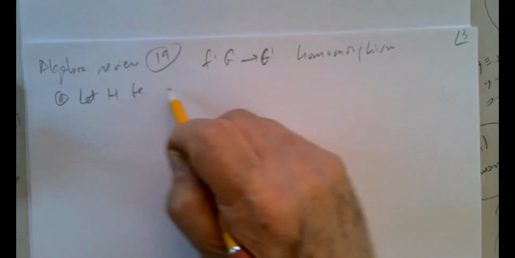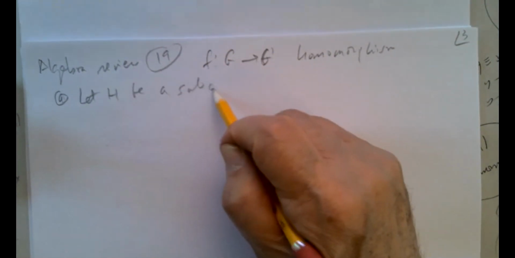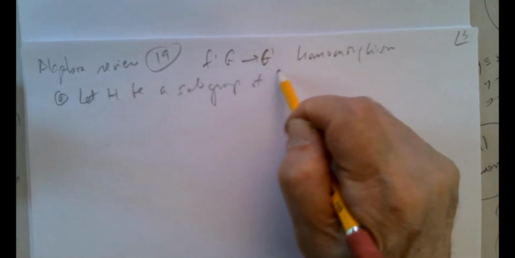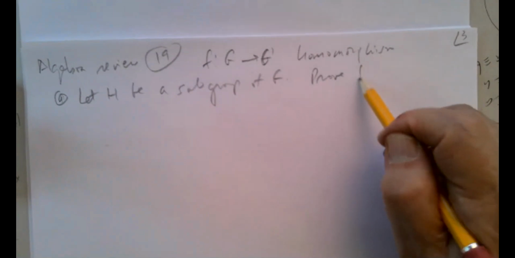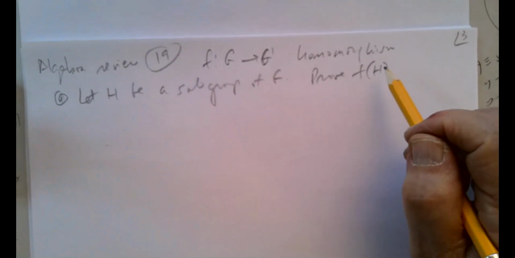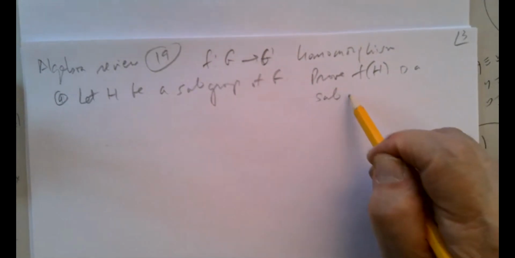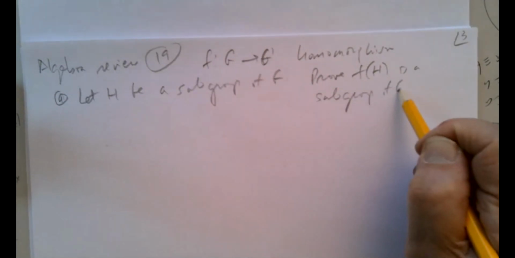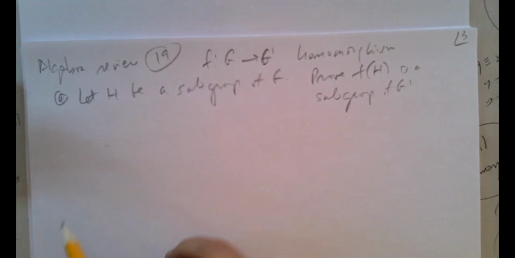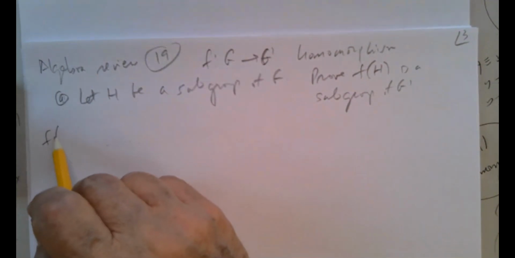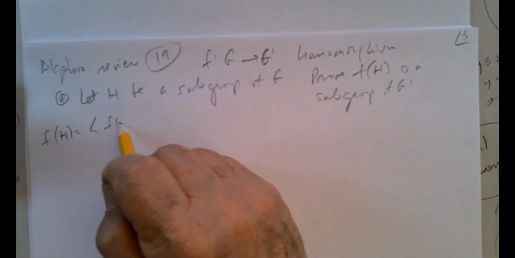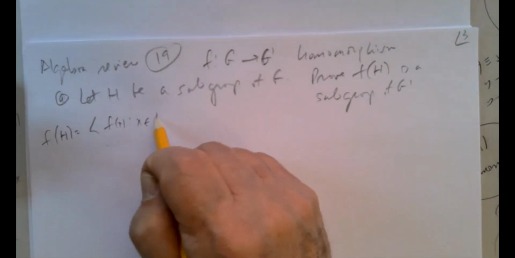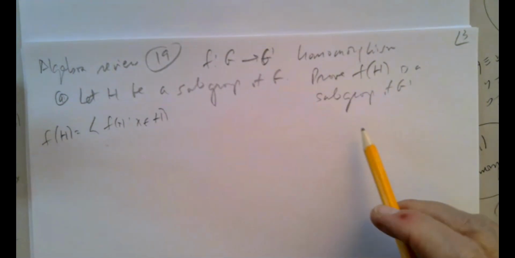Let H be a subgroup of G. We want to prove that f of H is a subgroup of G prime. So the definition of f of H, this is the set of all elements of the form f of x, where x is in H.